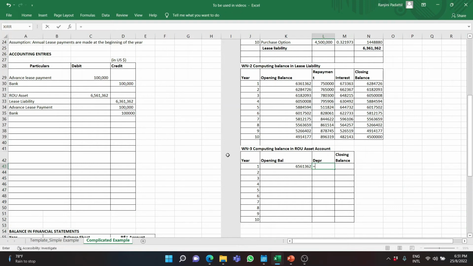So in this case, it would be opening balance divided by an economic life of 30 years. The closing balance is just that. I do it once again so that you're clear. The closing balance becomes next year's opening balance. The depreciation does not change.